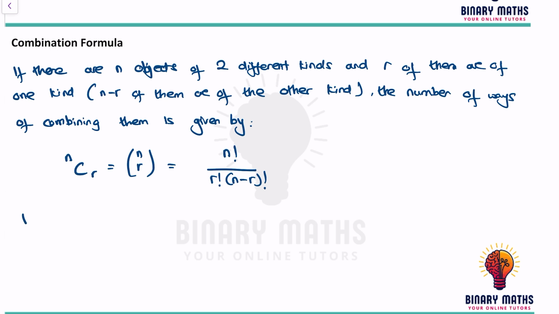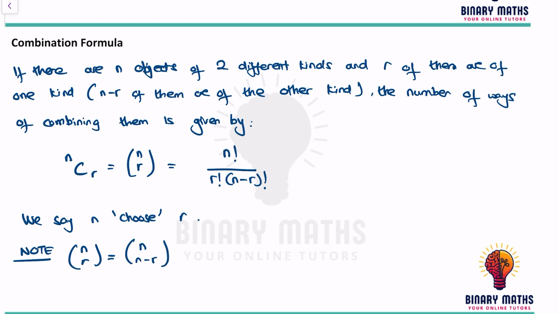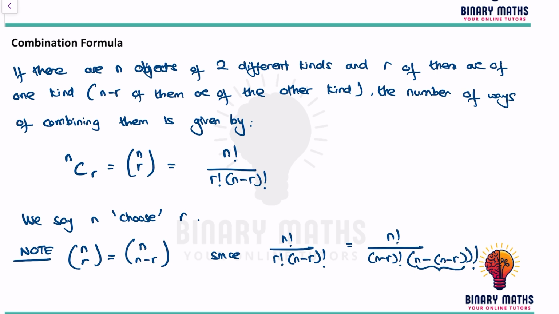So we say n choose r. Note again that n choose r is the same thing as n choose n minus r, since n choose r means n factorial over r factorial times (n minus r) factorial, but that's the same thing as n choose (n minus r), because the factorial in the denominator will become (n minus r) factorial times (n minus (n minus r)) factorial, which is r factorial.